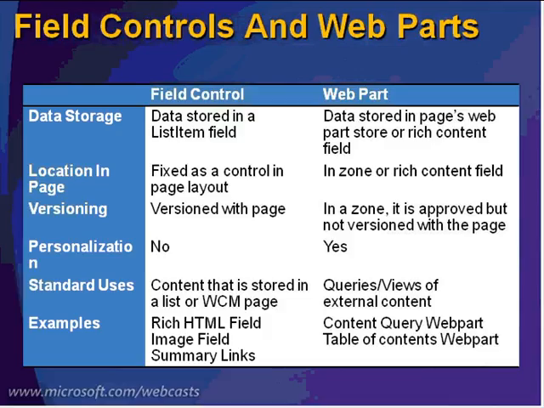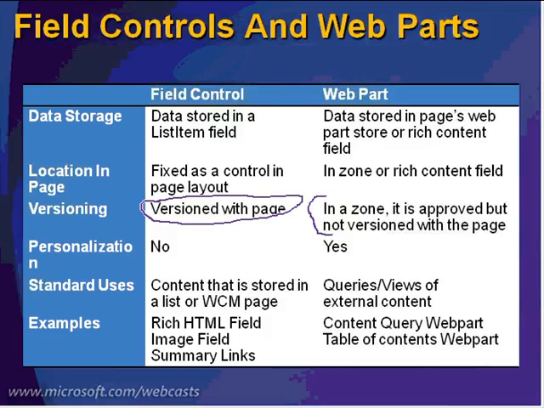I'm not going to spend a lot of time on this, but here's my little comparison of field controls and web parts. A noticeable thing is that field controls get versioned with the page, whereas web parts do not. Web parts get approved with the page, but because they're stored in the web parts store and not in the page object, they don't actually get versioned with the page.